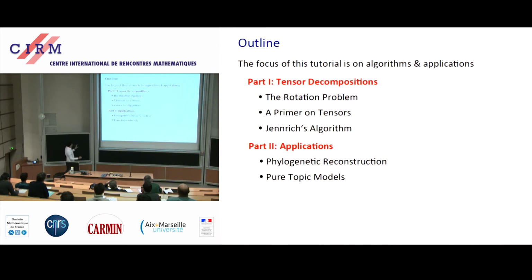So the first part, I'm really just going to be teaching you the basics of tensor decomposition. It's a kind of fun talk to give because the history is so muddled that it's a little fun running a comb through it. Some of these things have been rediscovered many, many times. And then the second part, I'll tell you about some applications to phylogenetic reconstruction and something called pure topic models.